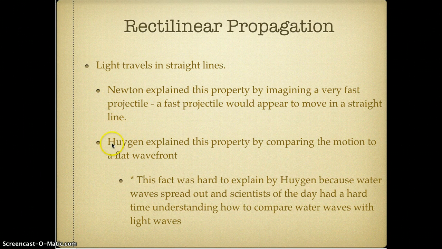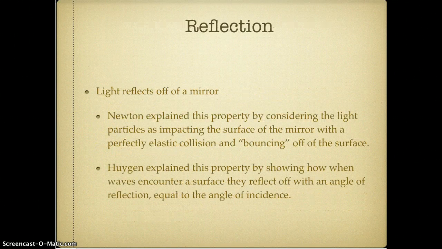This whole idea of light traveling in straight lines was really hard to explain with waves. Newton had a really good answer to this, but Huygens didn't have quite as good of an answer. There is a perfectly good explanation, but it depends on you understanding the wavelength of light being tiny, and at the time that wasn't well known.